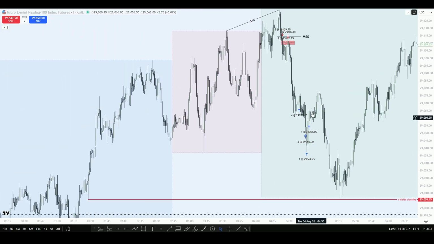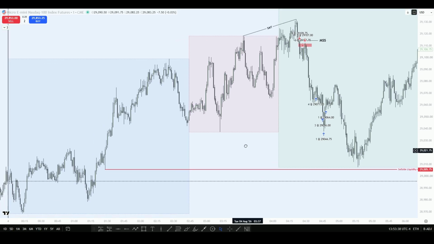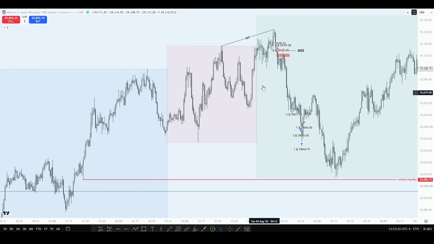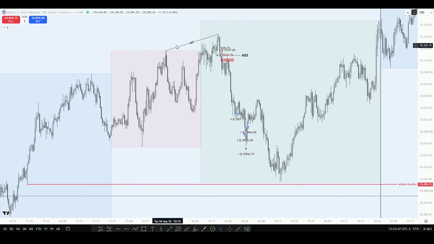Okay, and remember guys, all this price action, accumulation, manipulation, distribution, happens within the parent cycle, the daily accumulation. During the daily accumulation, if you're trading the level 2 cycles, because we are in daily accumulation, you cannot expect large range movements.